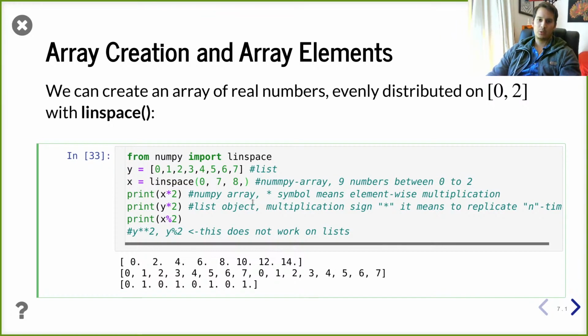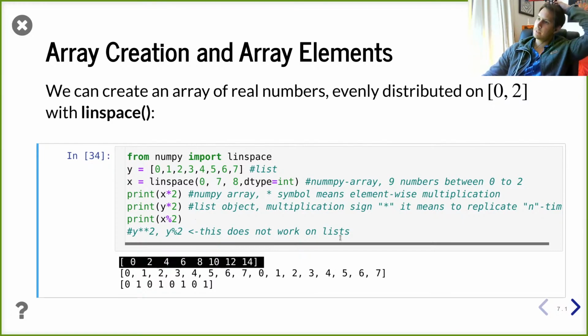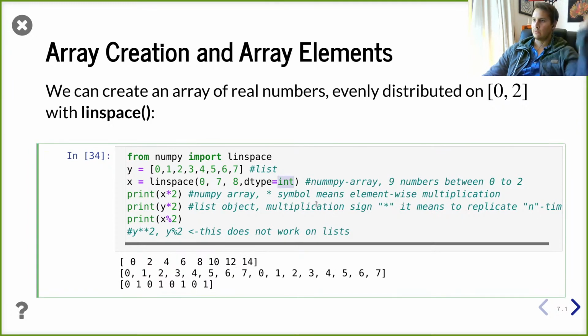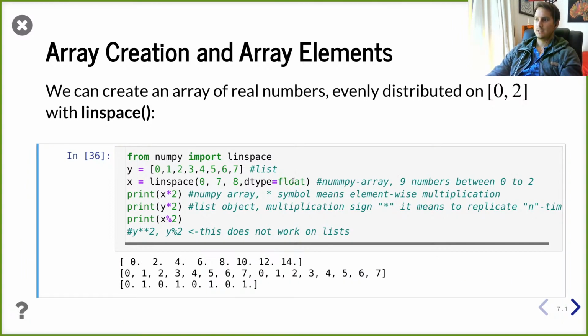There's an optional argument in every NumPy function called dtype that you can set, for example, to integer, and now instead of a float, it's an integer array. Okay, thanks. By default, it's a float, but you can change it to whatever you want. You can even change it to a string, I think. No, it doesn't work. You can change it to multiple types: float and int. Like so.